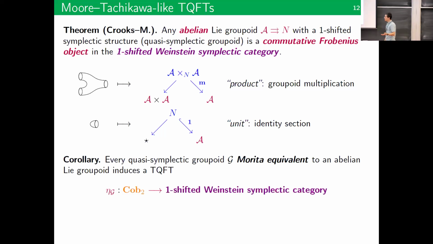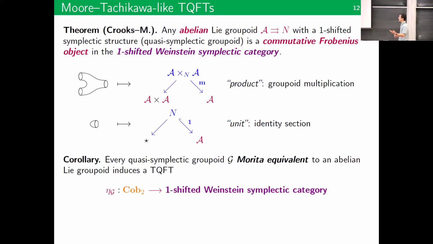And as a corollary, we get that every quasi-symplectic groupoid Morita equivalent to an abelian one, which doesn't have to be abelian itself, but represents the same stack as an abelian groupoid, will induce a TQFT. Because if they represent the same stack, anything on one representative of the stack can be transferred to another representative.